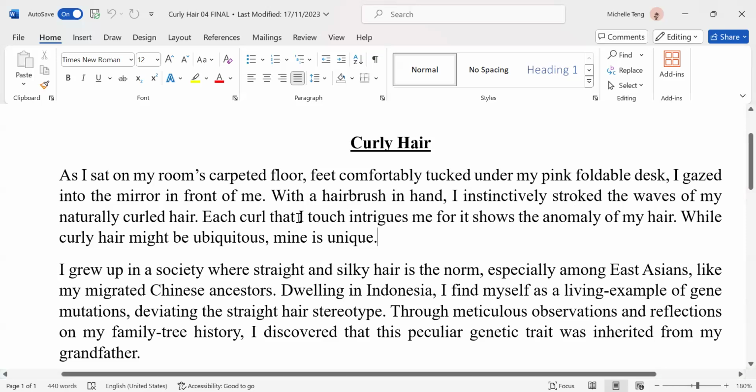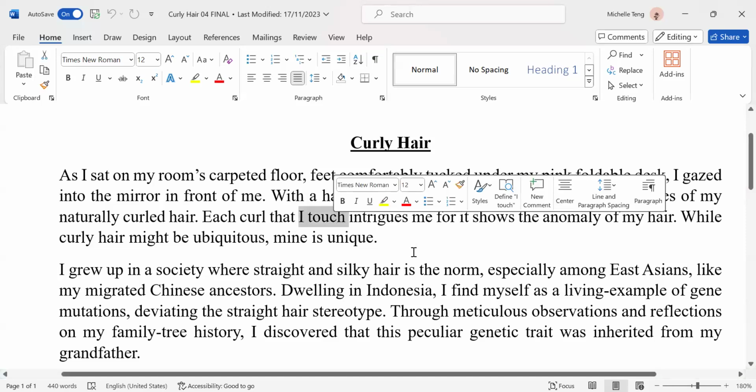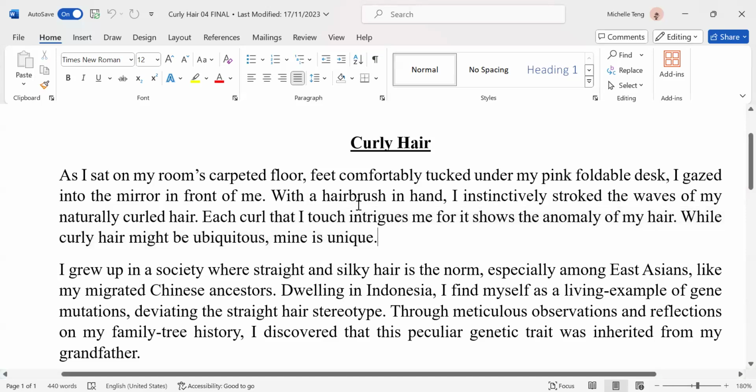"I touch": we should not add an S because "I" takes no S. But "intrigues," we add ES, which is another form of "intrigue," meaning that it is interesting. This "intrigues" describes "each curl," which is singular.